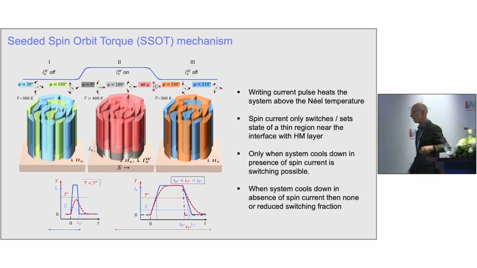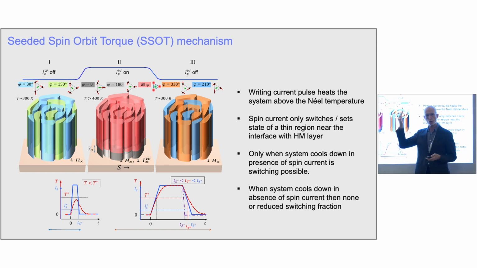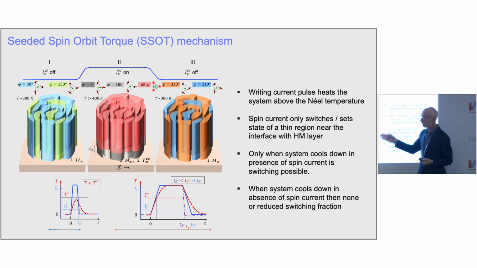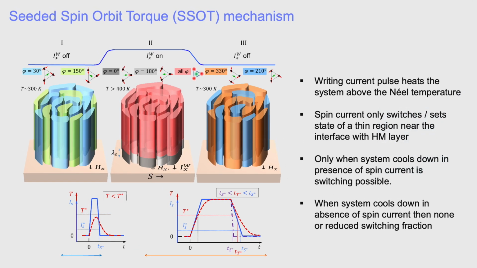Now why is that? We have a very simple concept. I call it seeded spin-orbit torque switching. So what happens is you apply, for example, this pink layer, which is platinum or tungsten. You convert charge current to spin current, which flows into this very thick chiral Kagome lattice, and only the interface, this gray region, is influenced by the spin-orbit torques within a spin diffusion length.